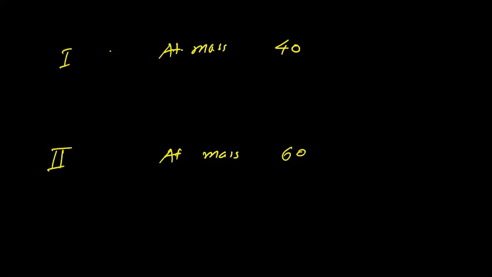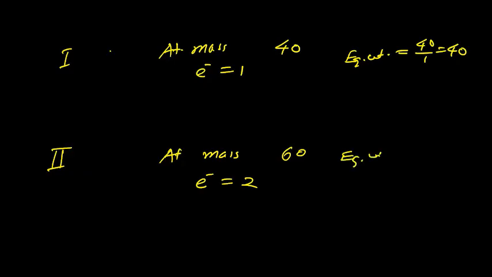We won't say that the amount liberated is proportional to atomic mass. But suppose in the first case one electron is transferred and in the second case two. Then the equivalent weight in the first case will be 40 divided by 1, that is 40, while in the second it will be 60 divided by 2, that is 30 only.